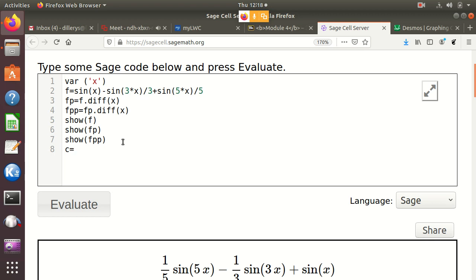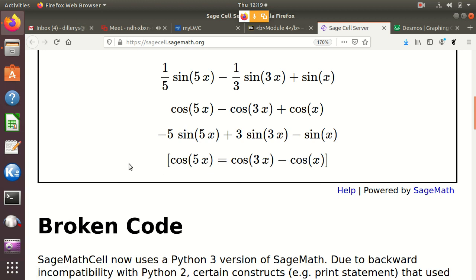I mean, I didn't get anywhere. But c equals, and I'll just say solve. And so what do I want to solve? I want to solve fp equals, two equal signs to talk about true equality, equals 0. And I want to solve that for x. And then I'll show that solution and evaluate. And we'll see if it, yeah, see, it doesn't do so well either.